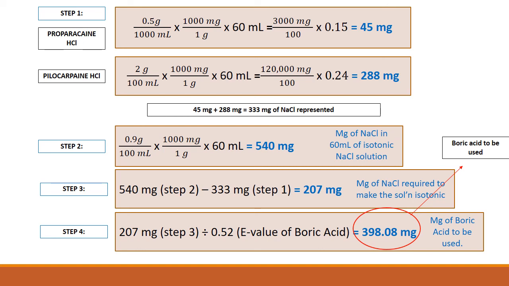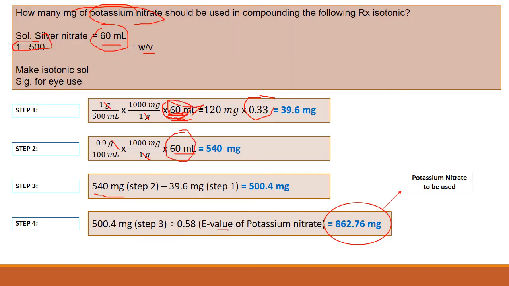So since you have proparacaine and pilocarpine, you have to get the sodium chloride equivalent by multiplying it to their sodium chloride equivalent. Okay? So this is the summary. If malibog mo, then you just follow the steps dito and then you have to analyze kung giunsa na siya pagkuha. Okay?